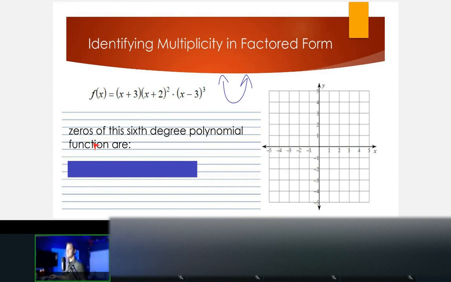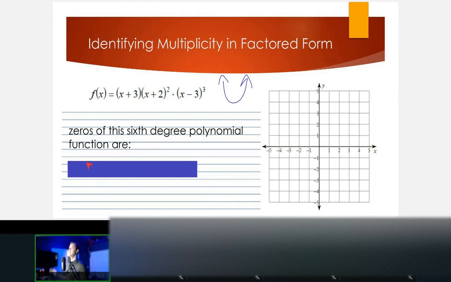All right. So what are the zeros? Go ahead and chat. Write down all of the zeros of this polynomial. Yeah. So what Enzo wrote is correct. You would say, well, they're negative. It's -3, -2, and 2, right?